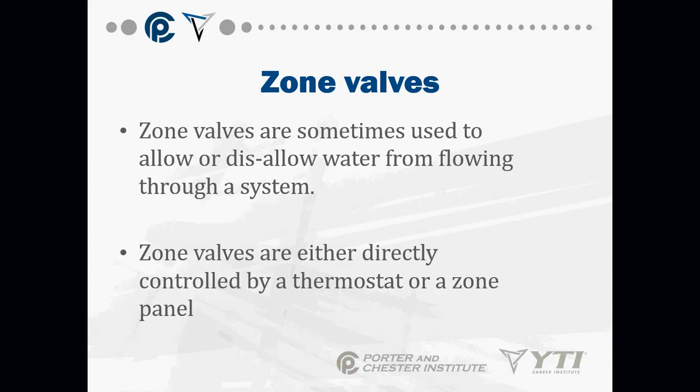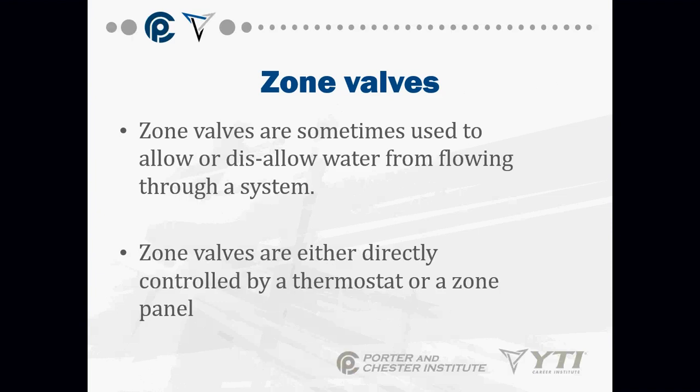Okay, so zone valves are sometimes used to allow or disallow water to flow through a system. Zone valves are either directly controlled by a thermostat or indirectly controlled by a zone panel. So you can have a combination of either one.